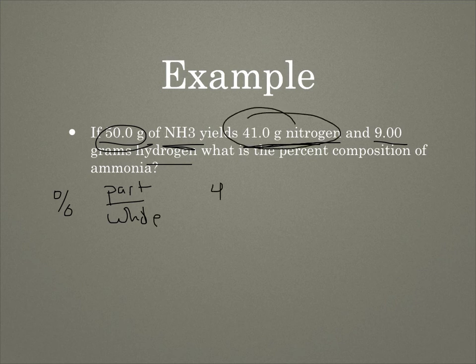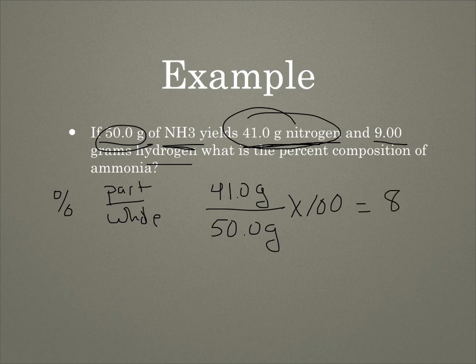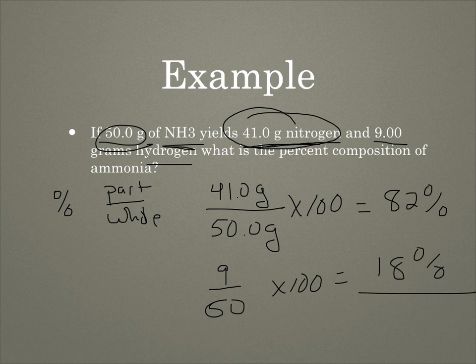So it's 41 grams of nitrogen over the total, 50 grams of the whole thing. And then to change it to a percent, take it times 100. Well, 41 out of 50 is going to give you 82%. If we do the other one, 9 out of 50 times 100 is going to give you 18%. And all your masses, if you add them all together, need to give you 100%.